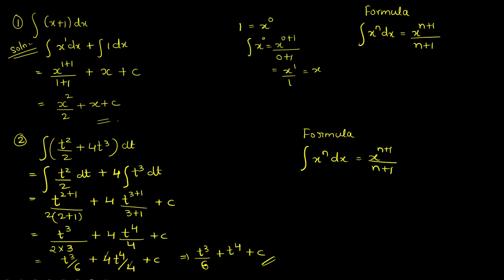Let's look into the third example, that is integral 1 over x square minus x power 2 minus 1 over 3 dx. Whenever you have x in the denominator, try to take it to the numerator.